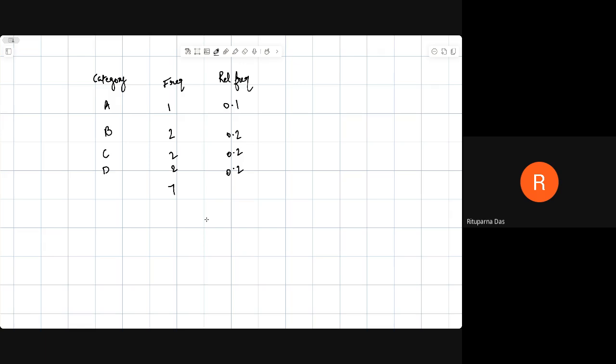So in this particular example, the highest frequency, which is 2, is occurring in three categories, right? So which is why this is your multimodal data. Okay. The next is median.